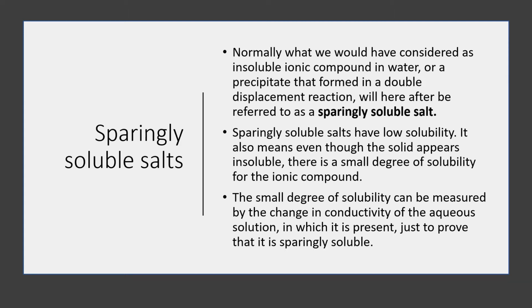It also means even though the solid appears to be insoluble, there is a small degree of solubility for the ionic compound in water. The small degree of solubility can be measured by the change in conductivity of an aqueous solution, and that would be evidence for the solubility of the sparingly soluble salt in water or the precipitates that are present in an aqueous solution.